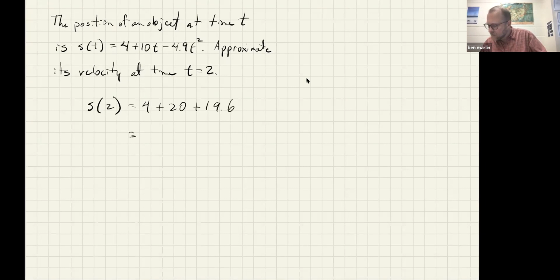So we get 43.6 meters high. But doing that sort of calculation is kind of time consuming, right? So what we would like to do is to do that calculation in the most expeditious way possible by making a machine do it for us.